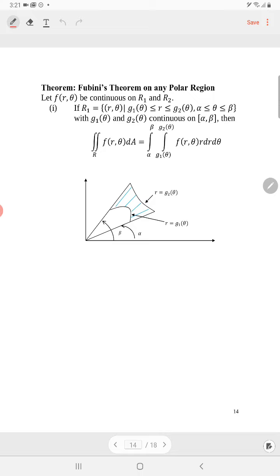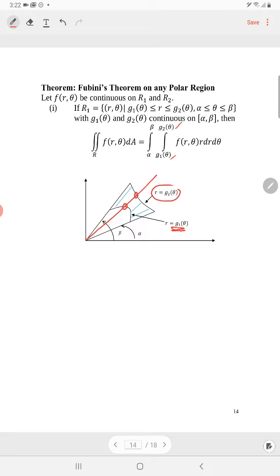Now let's see how to get the limits for r again. From the origin, draw a straight line across your region. The one it crosses first is this function here, so that would be the lower limit. The one it crosses last, governed by that equation, would be the upper limit for r.